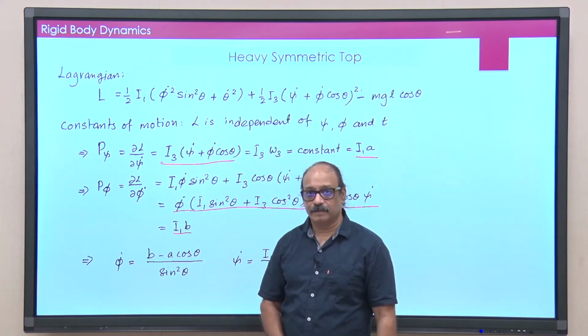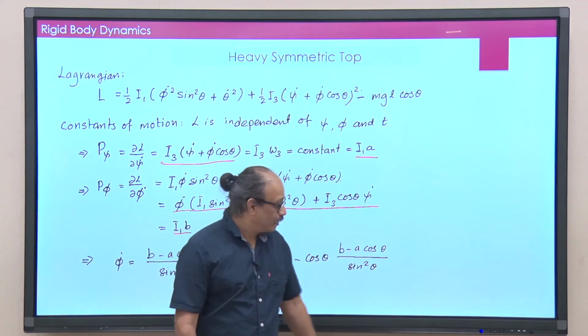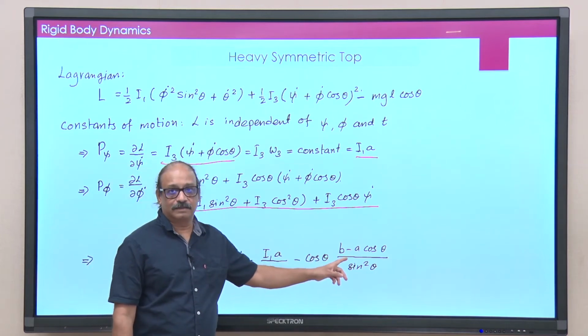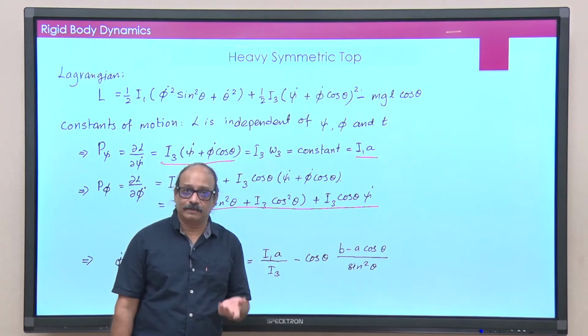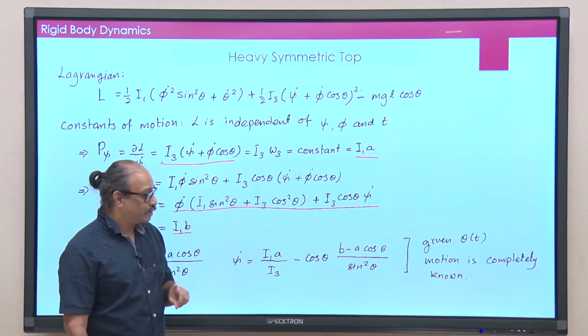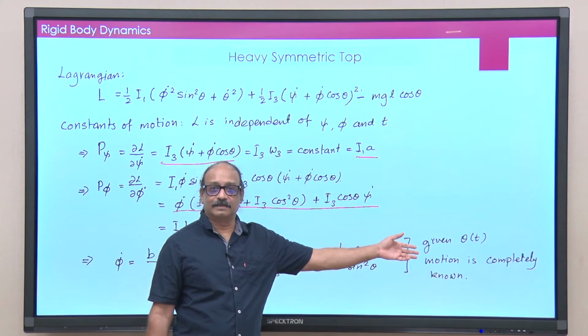So, if I know theta of t, I know phi dot of t, and then I can integrate for phi. Similarly, if I know theta here, apart from theta, everything else, b and a are initial conditions, I 1 and I 3 are anyway constants of the problem. So, the complete motion will be known if I find theta as a function of t.